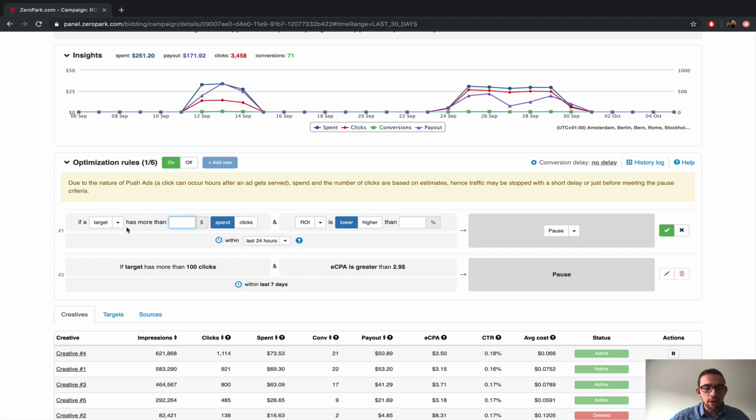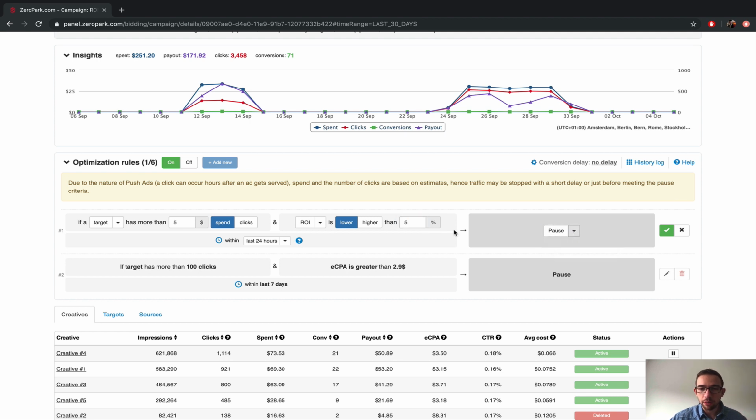You could basically say if a target, which is within the source, has more than, well, let's say 100 clicks is a good one, but let's say $5 spend, and the ROI is lower than 5%.